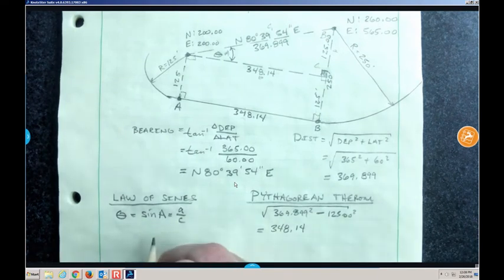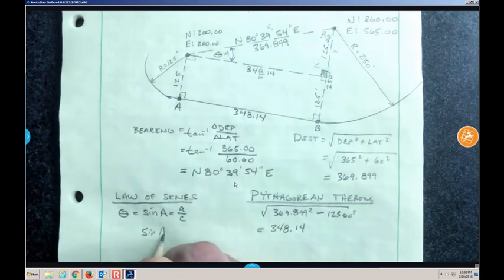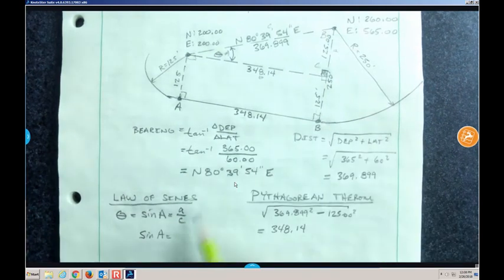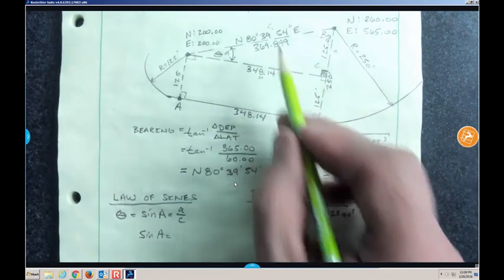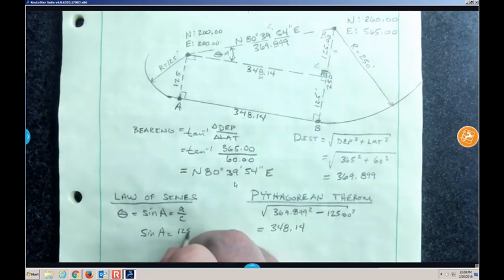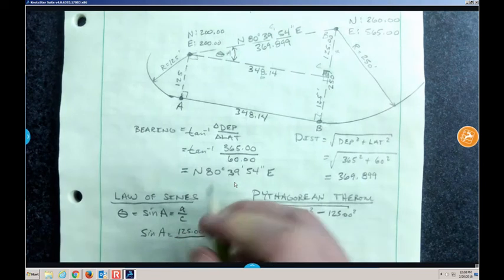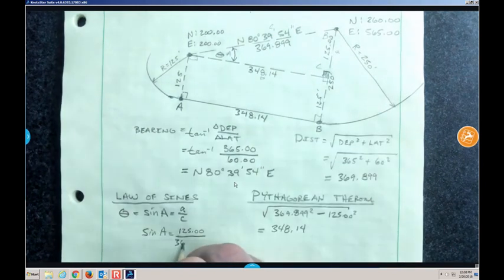So sine of A equals a over c, which is 125.00 divided by 369.899.